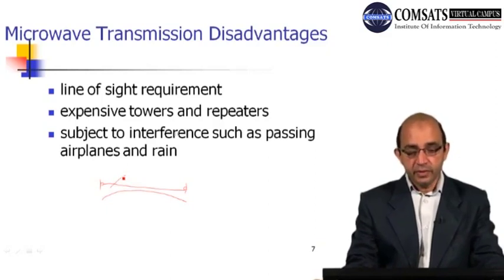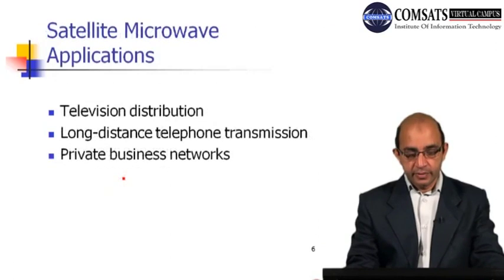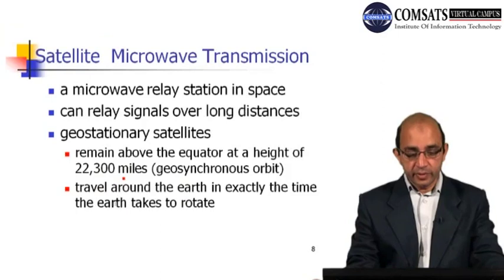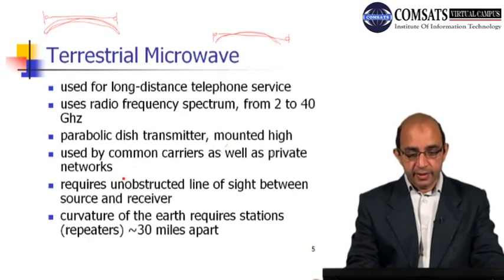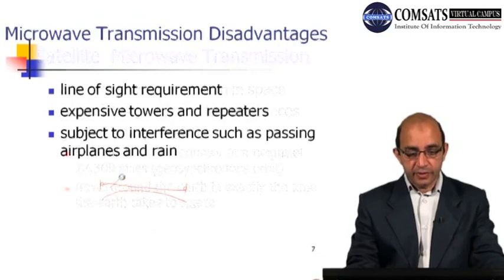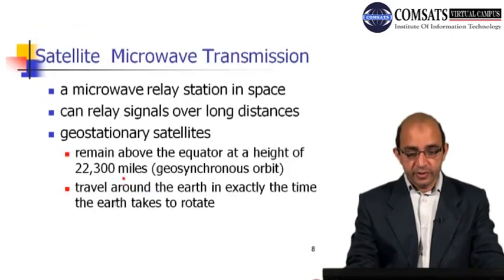So this is also one of the disadvantages of this type of communication, right? So here we have the satellite microwave applications, so it should come after this slide. So you can consider that this has to come after this slide, right? And this slide represents disadvantages of overall microwave transmission.